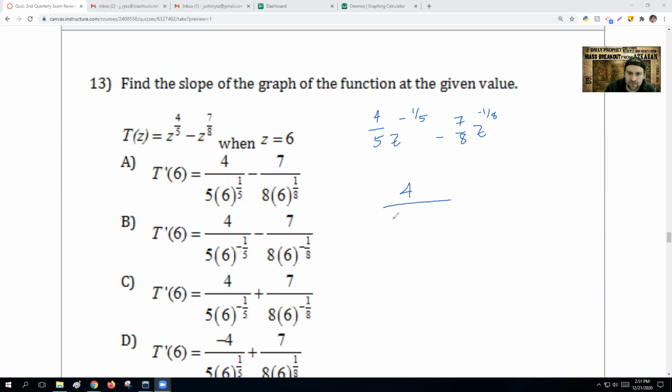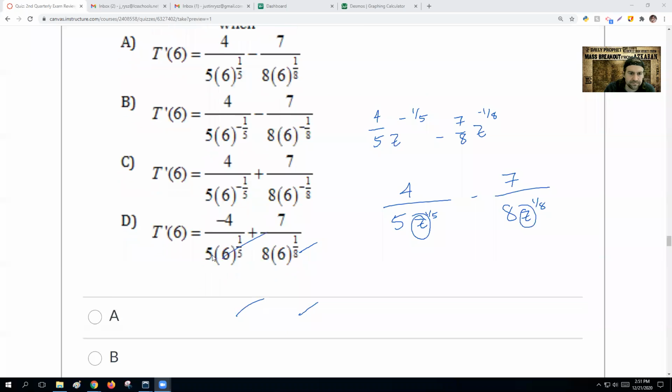So this would be 4 over 5 z to the 1/5 power if we put that in the denominator, minus 7 over 8 z to the 1/8 power. So all we need to do now is replace all our z's with 6, and that should look like that one. Yeah, that one's pretty close. Okay, that's definitely not that. They're not negative on the bottom. And that one has a 7. Oh, that has a plus sign in between, so that'd be choice A.